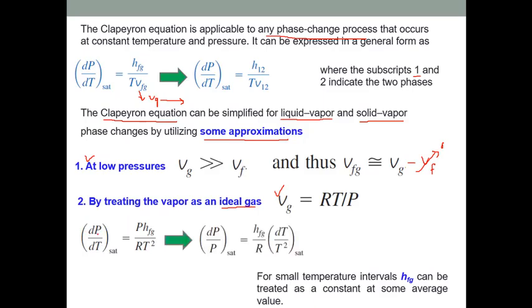If we separate the variables, we have dP by P and dT by T square. If we take integration on both sides, from phase 1 to phase 2, we'll get ln P2 by P1 at saturated state approximately equal to hfg by R times (1 by T1 minus 1 by T2) for the saturated state.